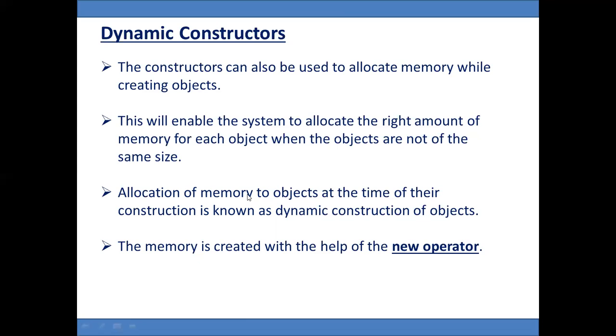Allocation of memory to objects at the same time as their construction is known as dynamic constructors of objects. The memory is created with the help of the new operator. Dynamic constructor is invoked at runtime.